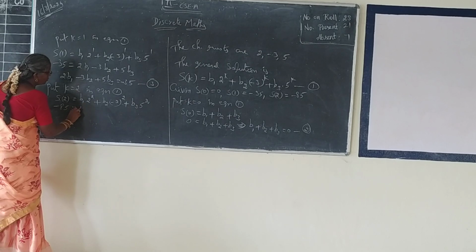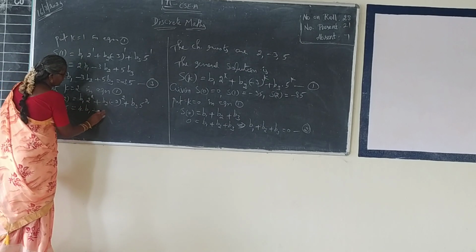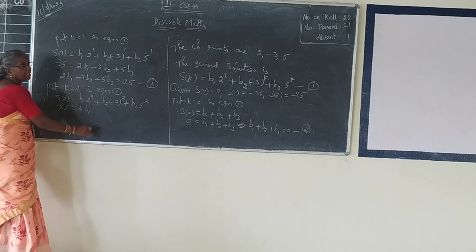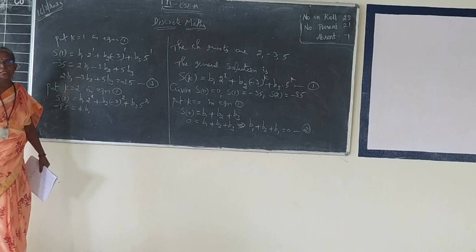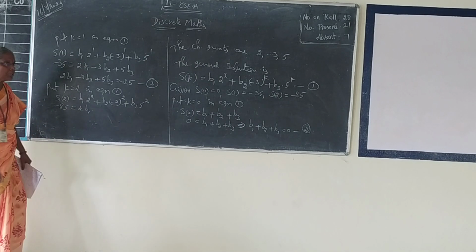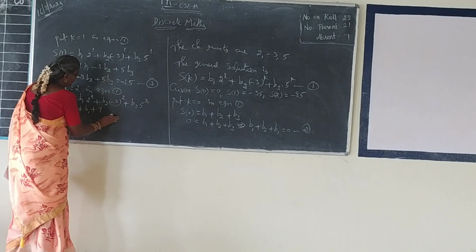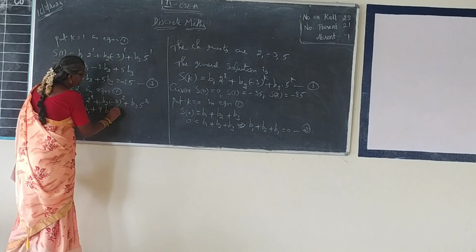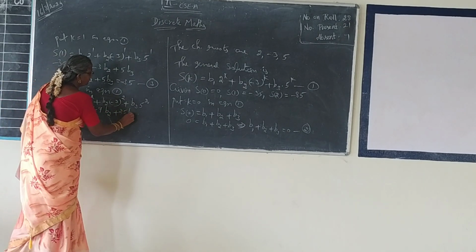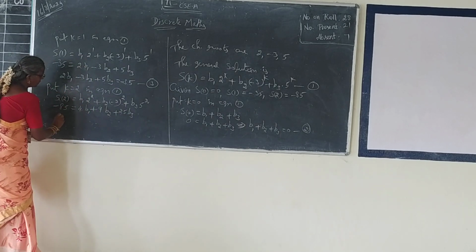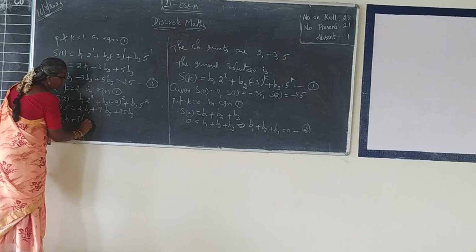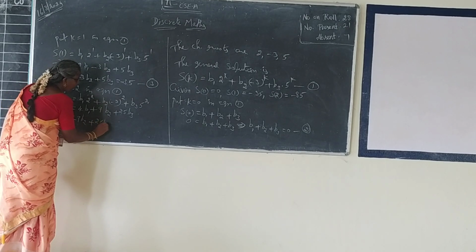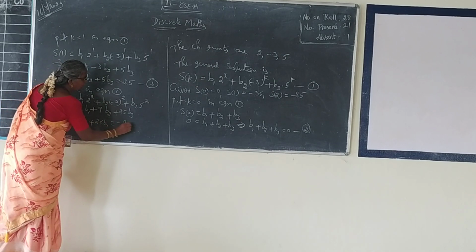Minus 3 the whole square becomes plus 9. So 4V1 plus 9V2 plus 25V3 equal to minus 85.